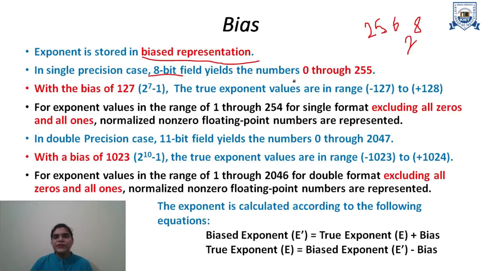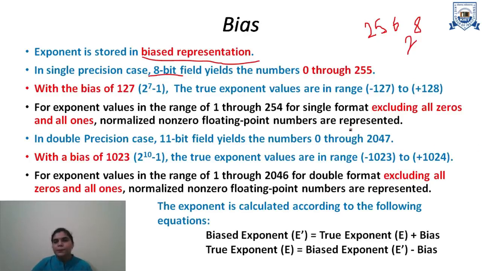So the range will be 0 to 255. With the bias of 127, the true exponent value will be in the range of minus 127 to plus 128.